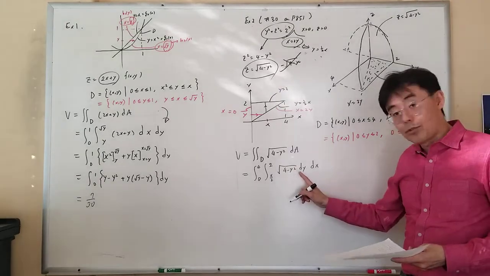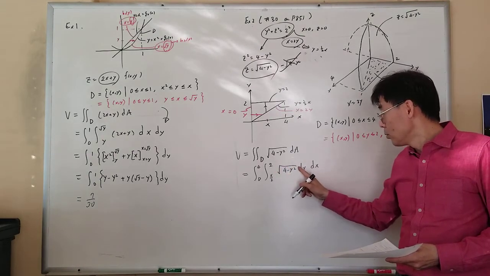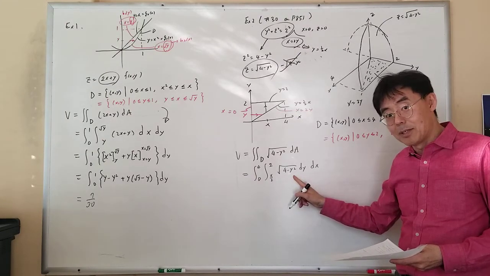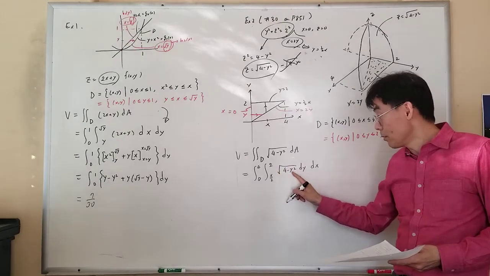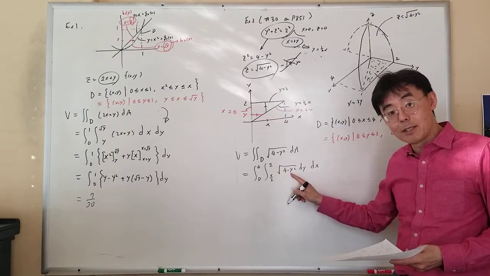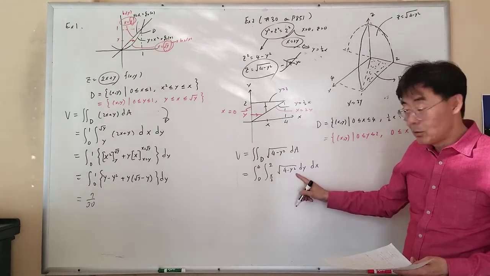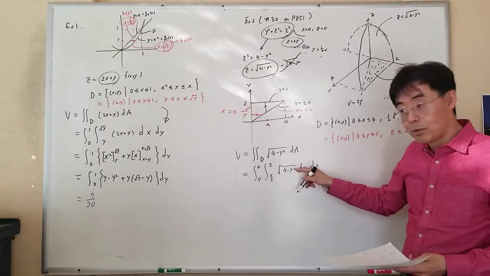Now, when you try type 1, look at this. Antiderivative of square root of 4 minus y squared. It's not an easy one. If you have y here, then easy substitution, right? U equals 4 minus y squared. Then d with minus 2y dy equals du. So y dy will be minus 1/2 of du. And square root of u.